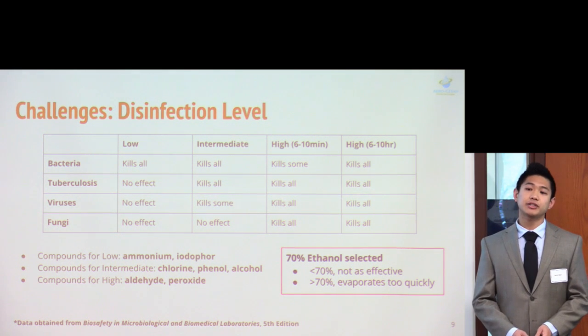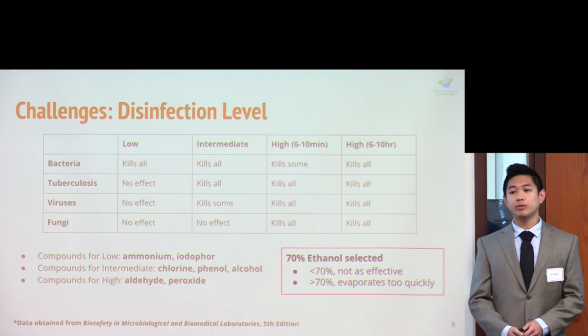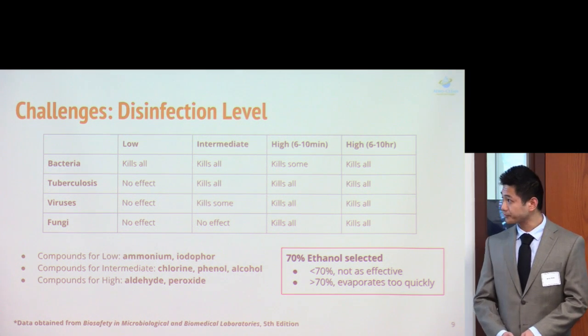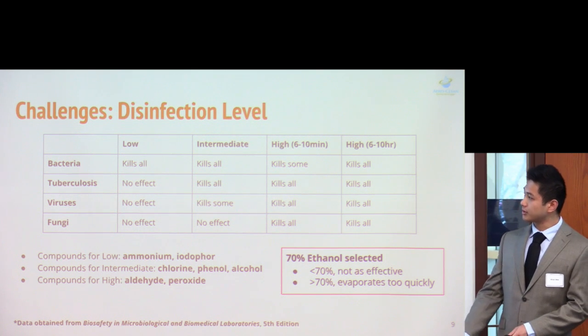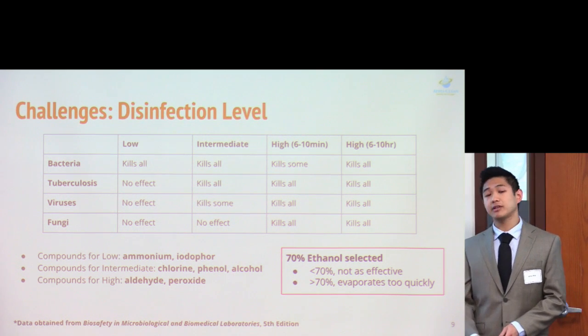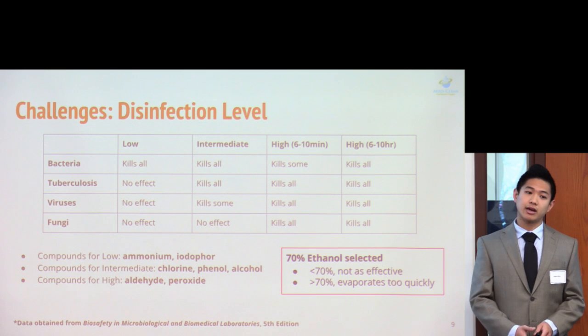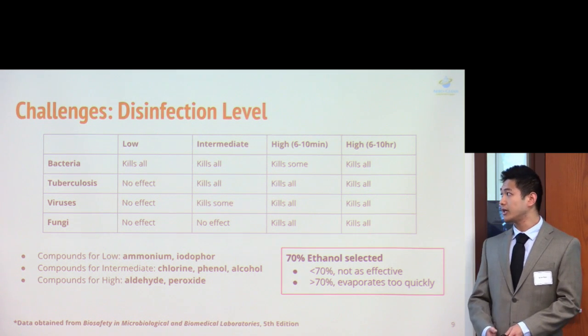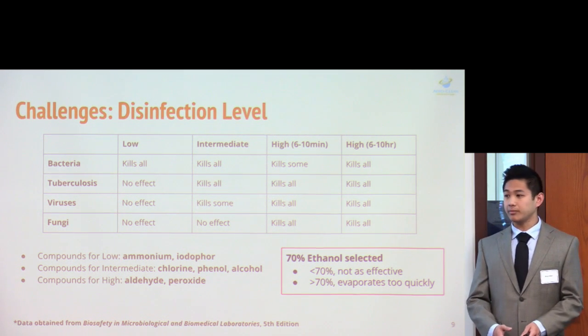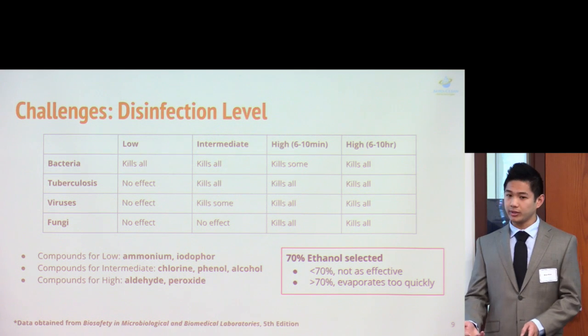Lower levels of disinfection require minimal contact time and are more appropriate for disinfecting common bacteria. This is why we have chosen 70% ethanol, specifically 70% because any less is not effective in disinfecting bacteria, and any more the contact time diminishes as it evaporates too quickly.